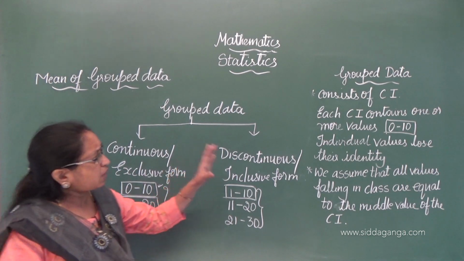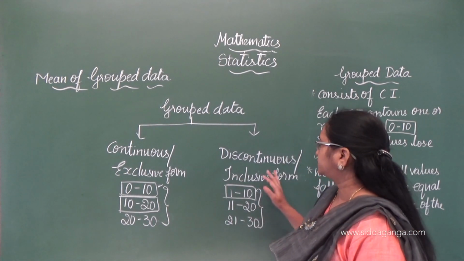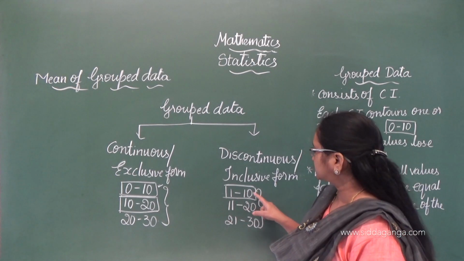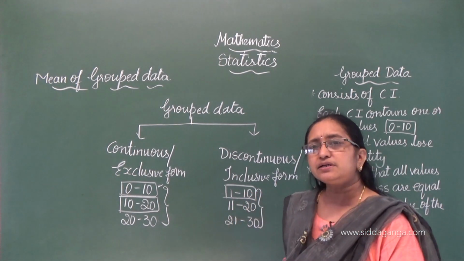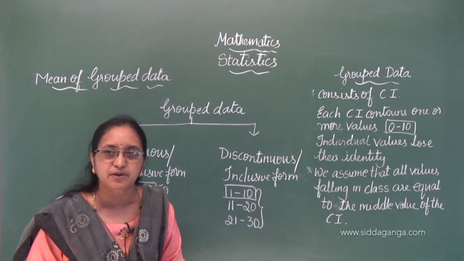Then, how can we convert this discontinuous form into continuous form? You can understand here there is a gap of 1. So 1 divided by 2 is 0.5.